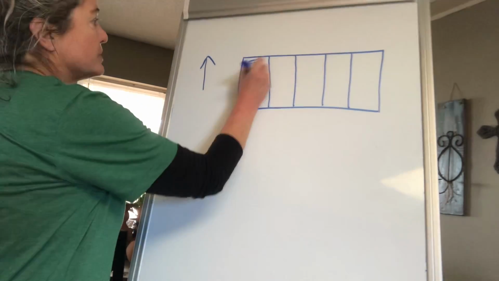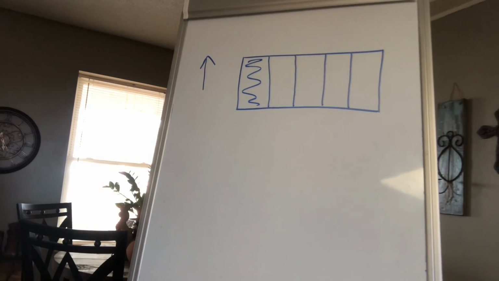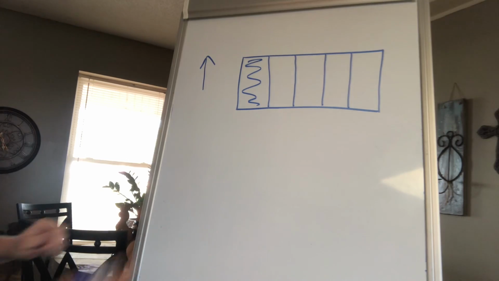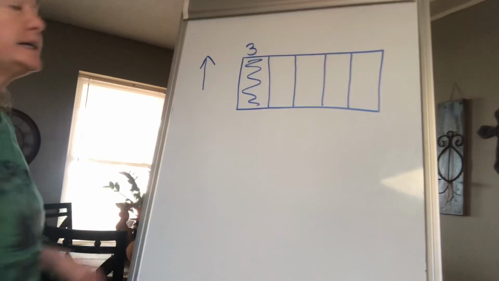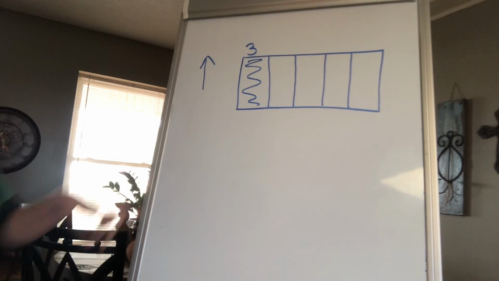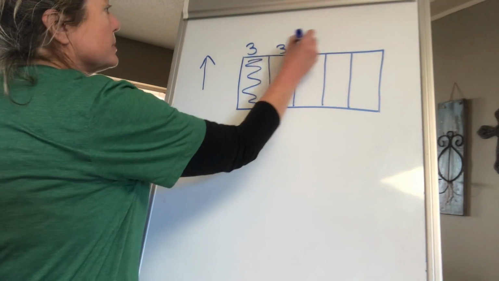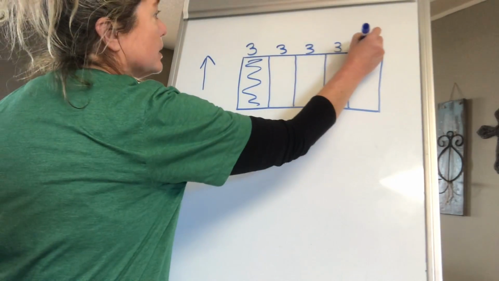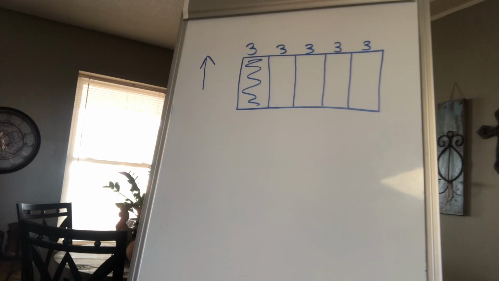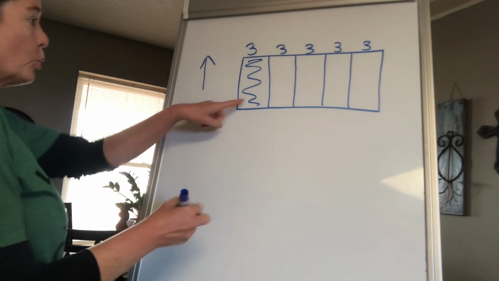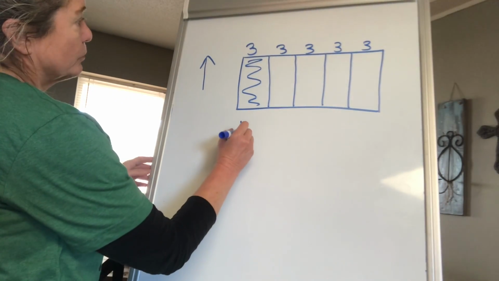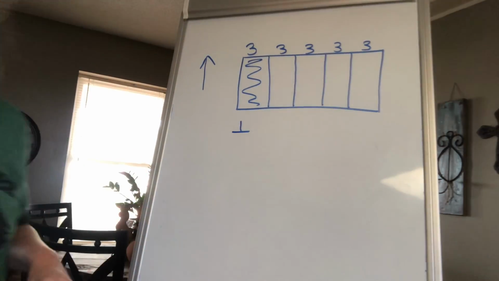This is all that was full. And in that 1/5, there are 3 kilograms. So there's going to be 3 kilograms in each one. So how many kilograms altogether?